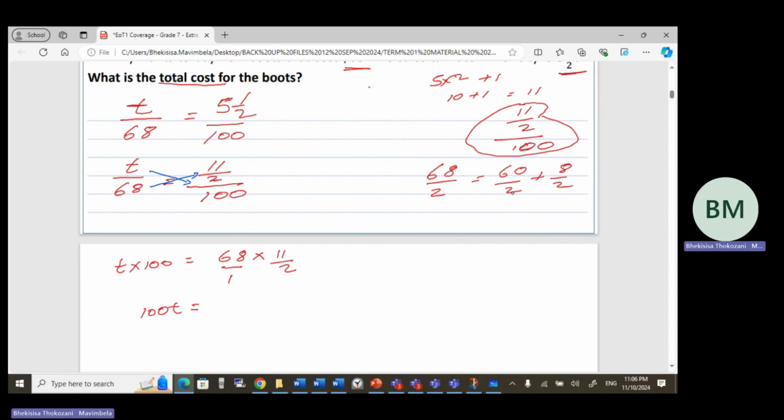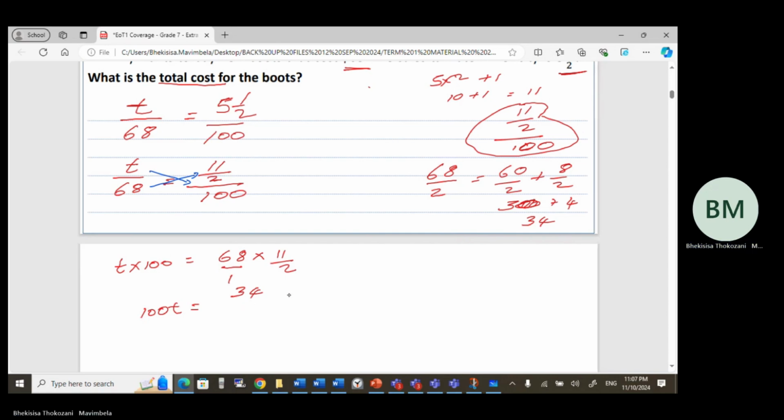How many 2s go into 6? It's 3. And then you bring down the zero as usual. Plus how many 2s into 8? It's 4. So 30 plus 4 will give us 34.